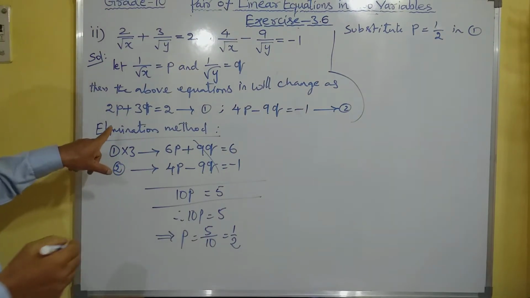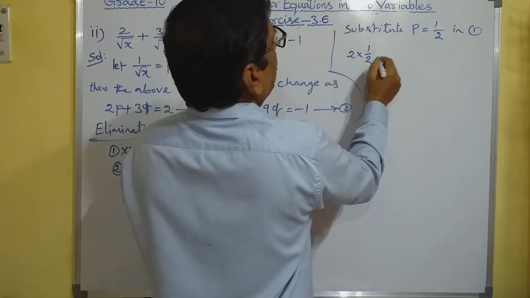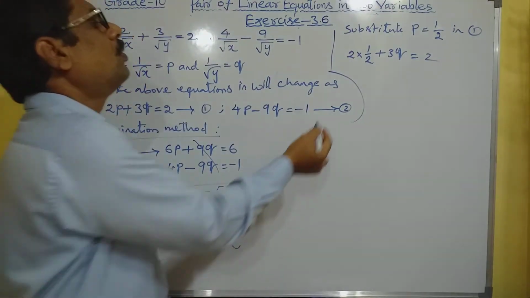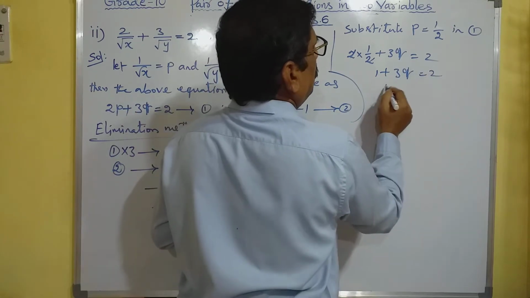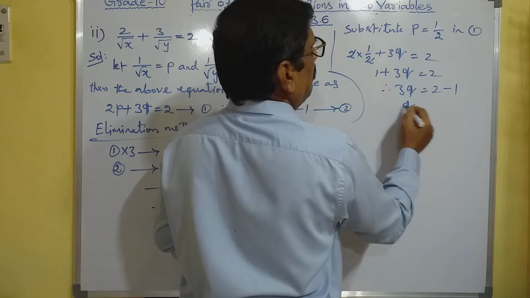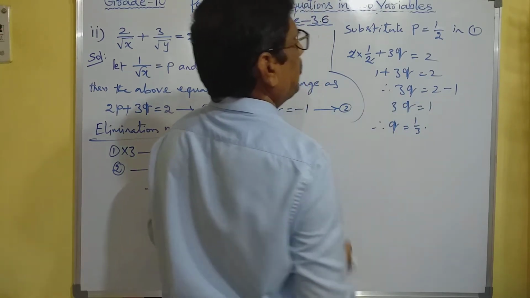Then you will get 2p plus 3q is equal to 2. 2p, p value 1 by 2, plus 3q is equal to 2. Now 2 will be cancelled. 1 plus 3q is equal to 2. Therefore 3q is equal to 2 minus 1, 3q is equal to 1. Therefore q is equal to 1 by 3.